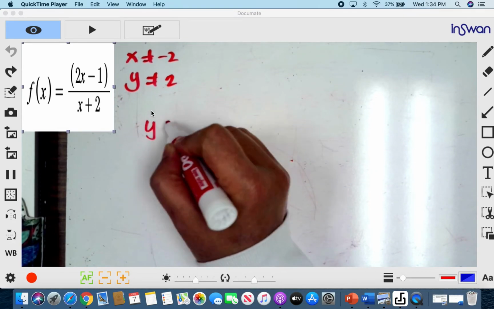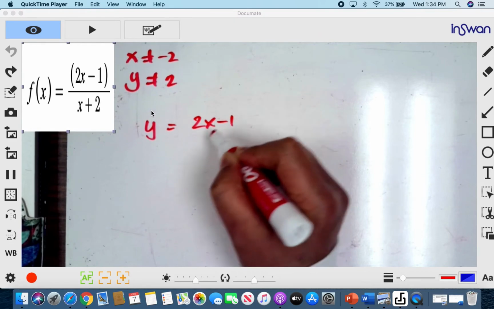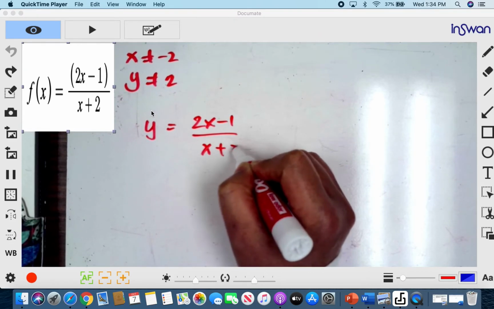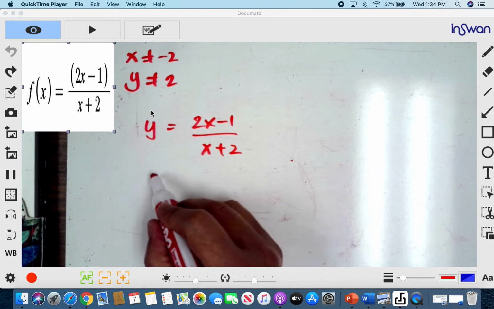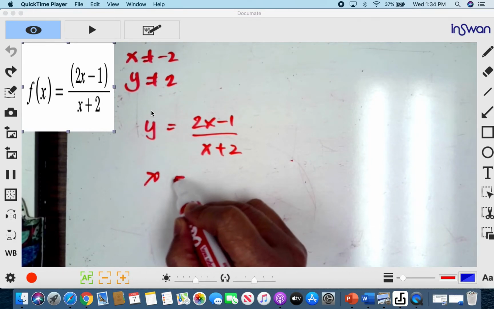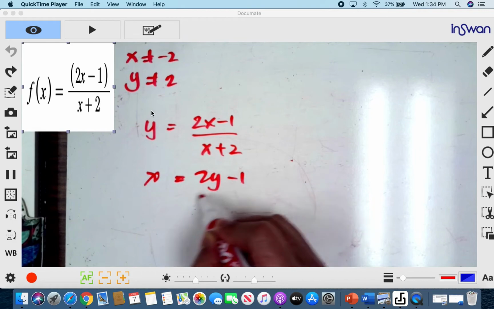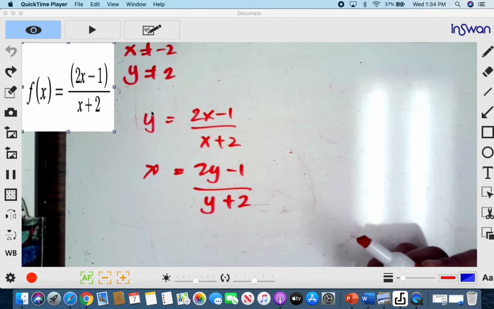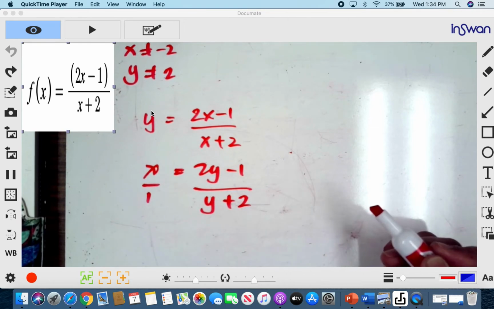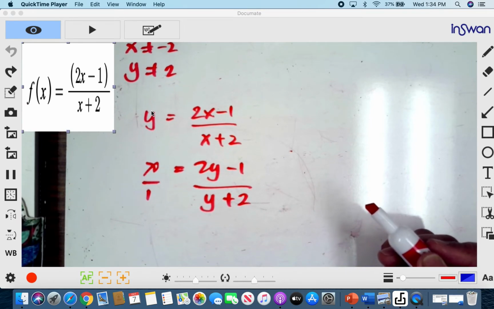So you have y equals (2x minus 1) over (x plus 2). To find the inverse, we need to flip x and y. So you have x equals (2y minus 1) over (y plus 2). Then of course, we need to cross multiply because we have a fractional expression.